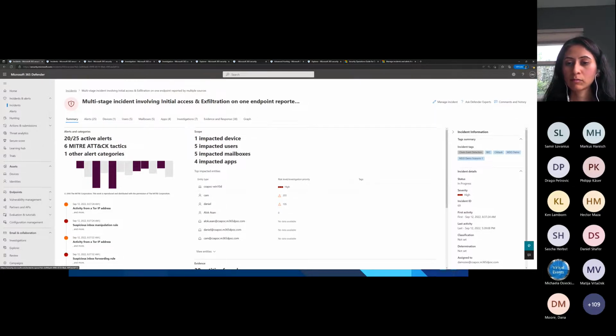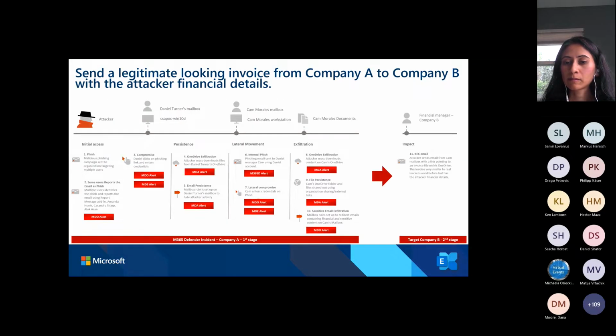So if you remember the kill chain, what we do here is target multiple users in company A with a normal phish, hoping one of the users will click on the malicious URL and give away credentials. The initial access email is also crafty in this attack. We use techniques like delayed weaponization.